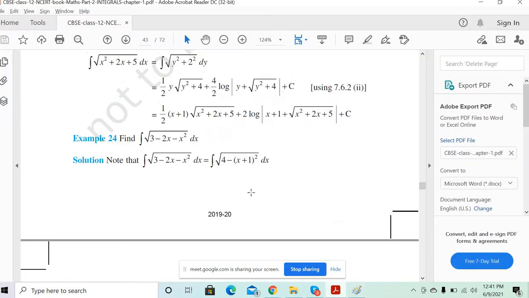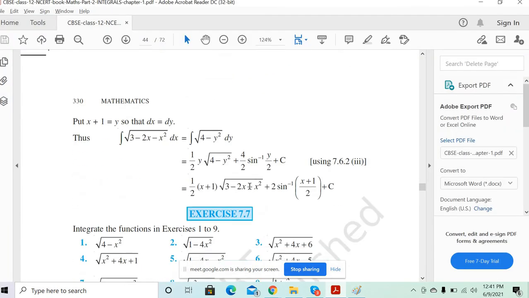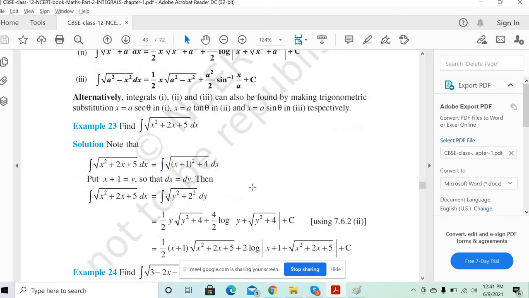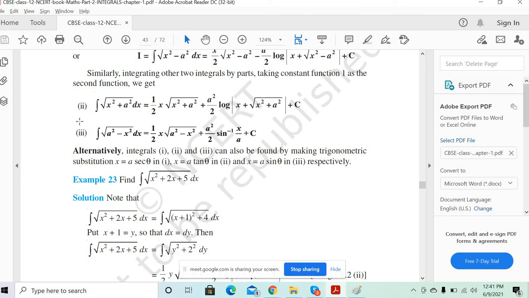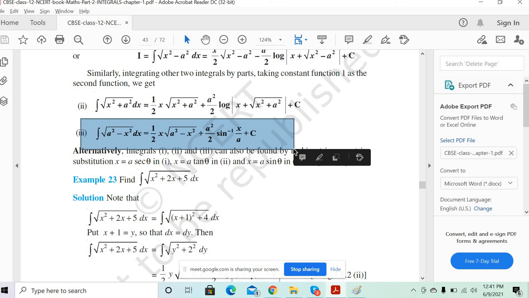Got it? Answer now. After that, the third formula, Vijay. Just apply the third formula. Yes, sir.